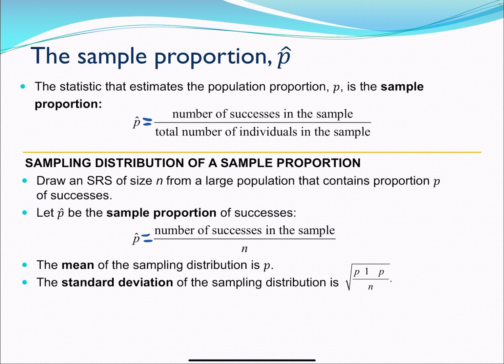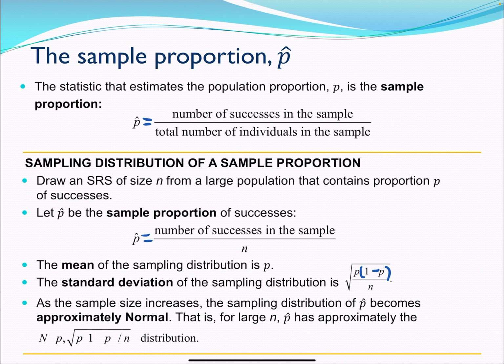It is the square root of p times 1 minus p over n. As the sample size increases, the sampling distribution of p hat becomes approximately normal. So for a large sample size, p hat has the normal approximation with p as its mean and the standard deviation being the square root of p times (1 minus p) divided by n.